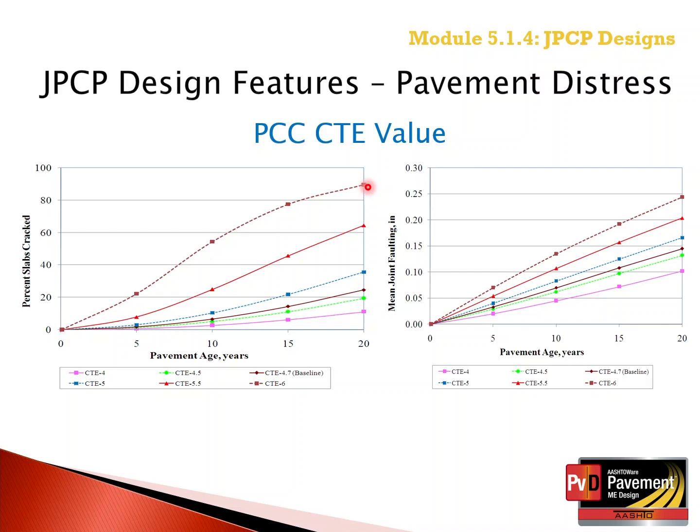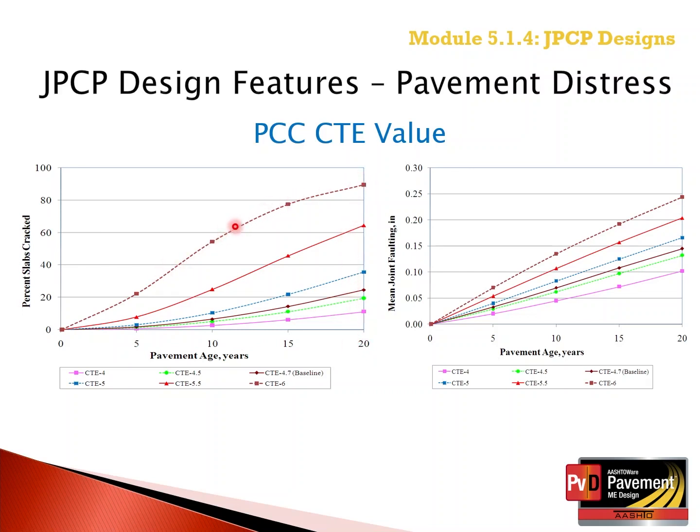Selecting aggregates with lower CTE values, even if they have to be imported, can result in more cost-effective designs. As shown here, on the graph on the left, percent cracked slabs as a function of pavement age through the design life.